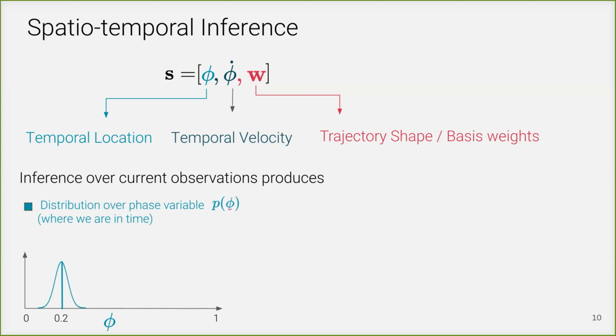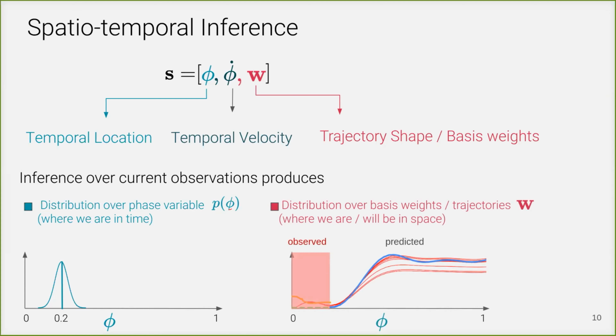The inference step then allows us to perform inference over both the spatial and temporal parts. So when we perform inference, we get a probability distribution over phi that tells us where we are in time. For example, here in this case, it tells us we're probably around 20% into the interaction, but there is some variance around that. So we can also capture how uncertain the robot is about where we are in the interaction.